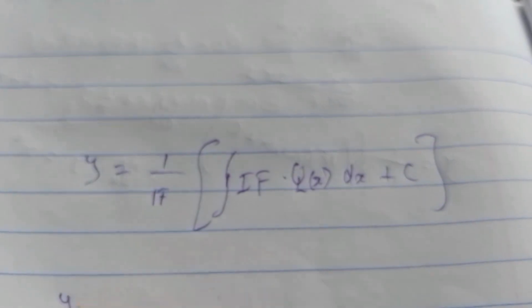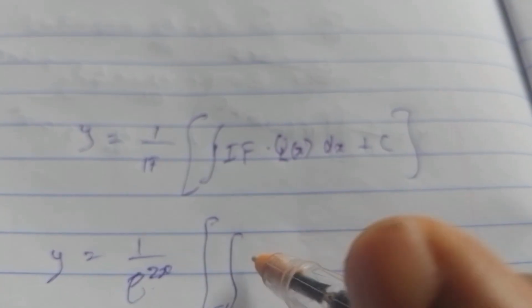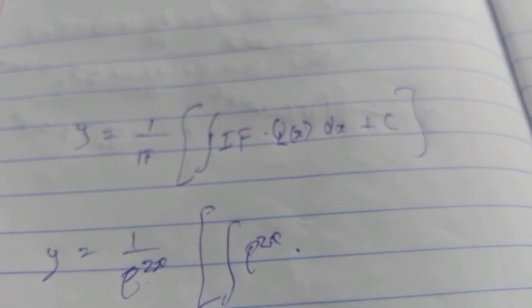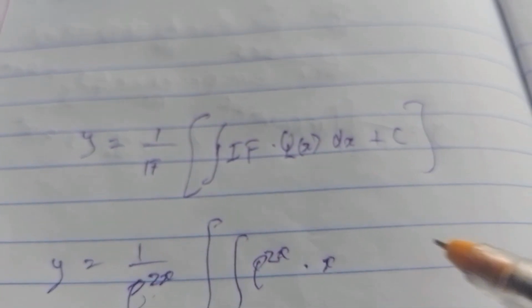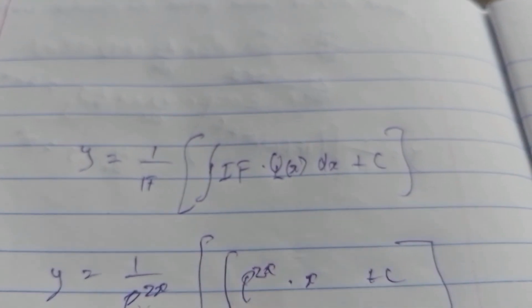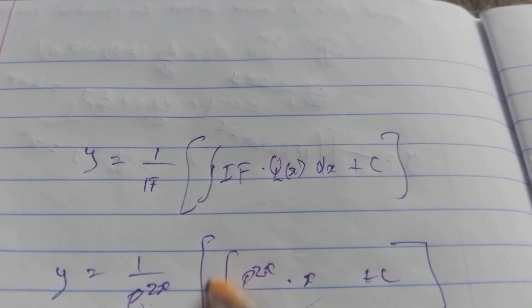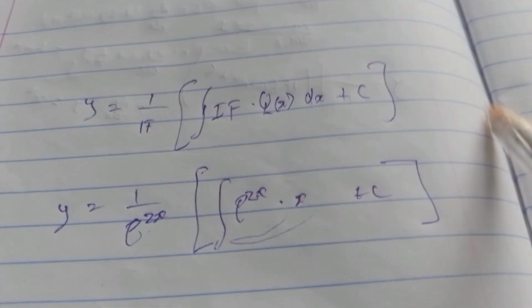So we have our integrating factor to be exponential 2x as calculated initially. Integral of exponential 2x, our q of x from the equation was just x, right? Then we have plus c. You just have to integrate. The long cut we did there, this is just the short form of everything.